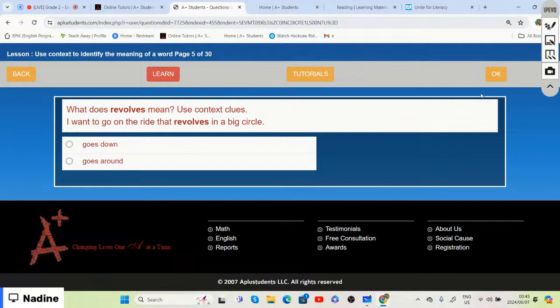So what does revolve mean? It says I want to go on the ride that revolves in a big circle. Does it mean it goes down or does it mean it goes around? Goes down or goes around?